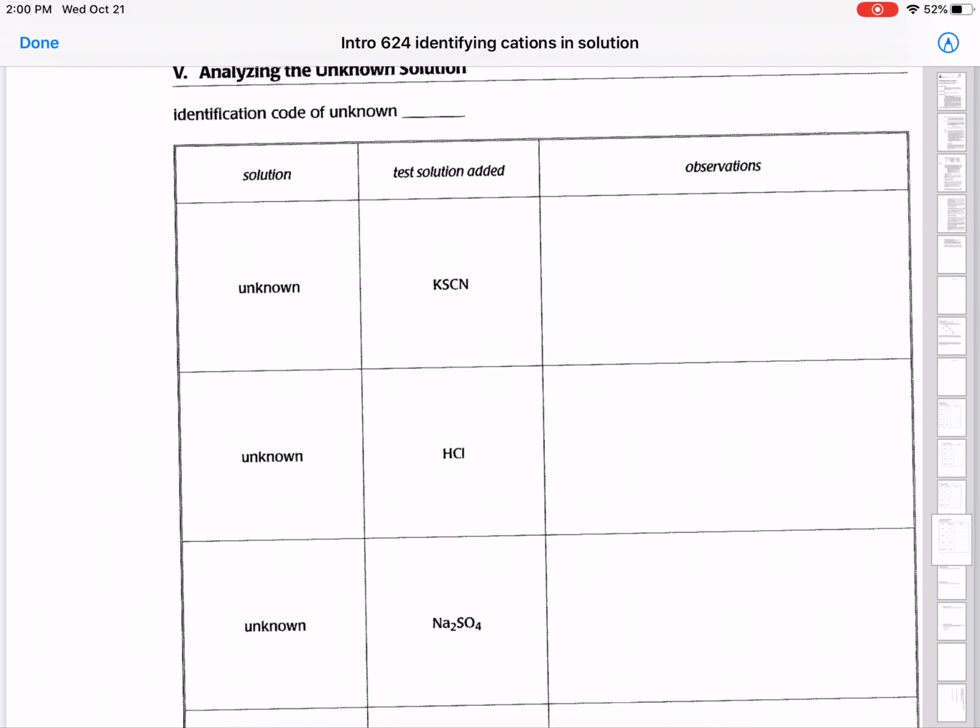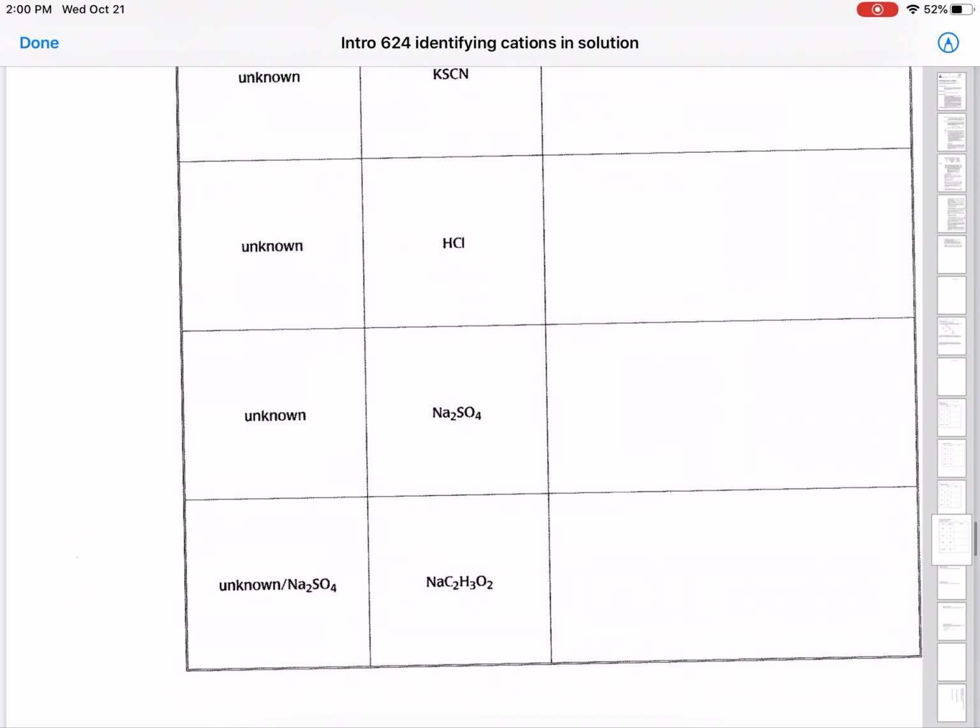And if it has chloride, it gives you a white precipitate, then you know there could be lead present in your solution. Okay, and then if it is a sulfate and the unknown gives you a white precipitate with sulfate, then you know you can have some barium in it, because barium sulfate is a white compound, right? So likewise, by looking at these observations, you can find out what are the kinds of ions present in your unknown solution.